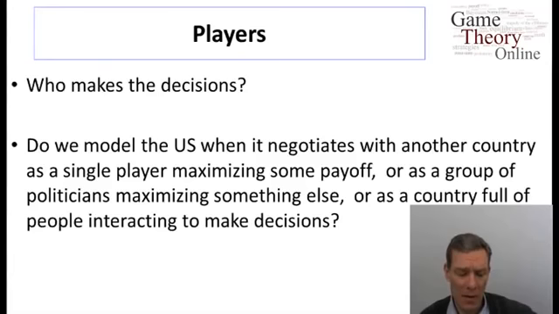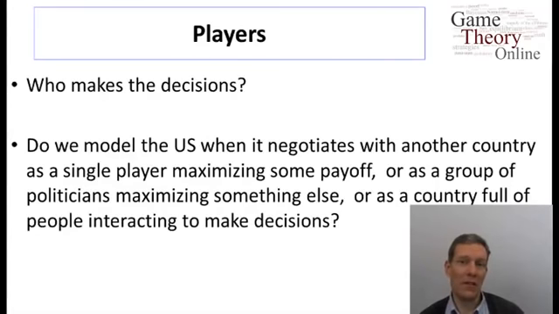decisions in the game. And it's not always an easy, completely cut and dry problem as to how one models a situation. So for instance, if we were thinking about modeling countries negotiating, so say the United States is negotiating with another country, do we represent those as countries, each as one player? So the US is a single player maximizing some particular payoff?